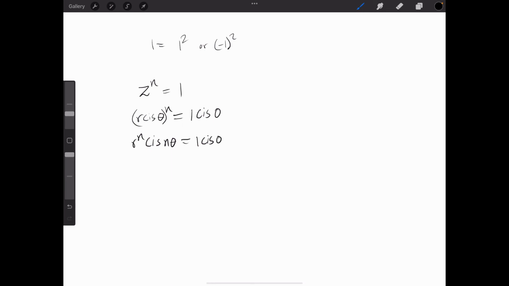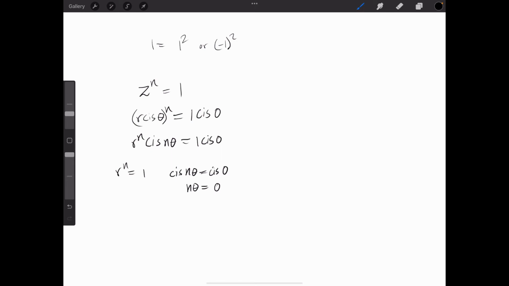So we say r to the n is equal to 1, and cis of n theta is equal to cis 0, or n theta gives you the same result as 0.